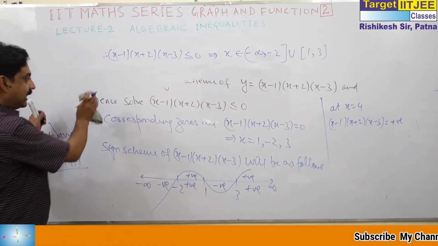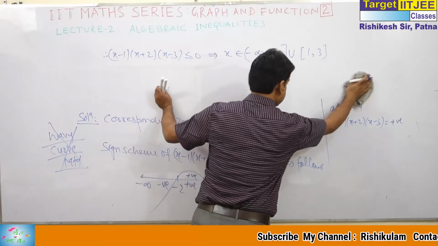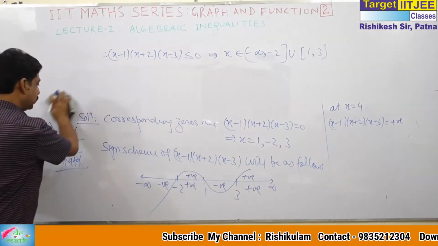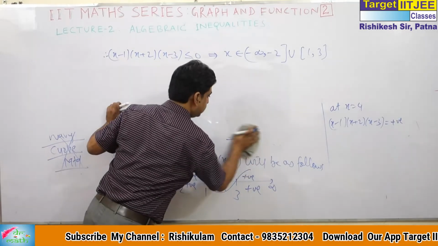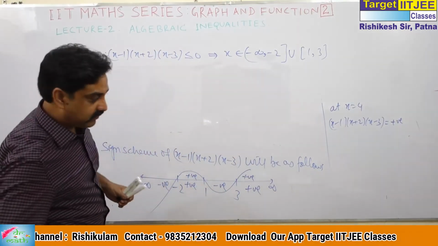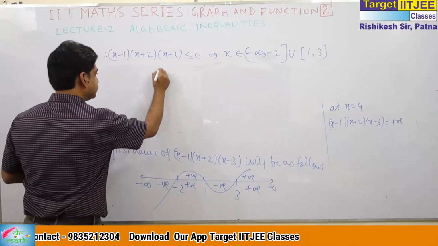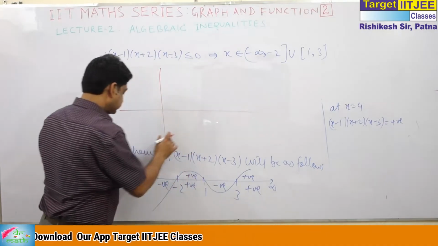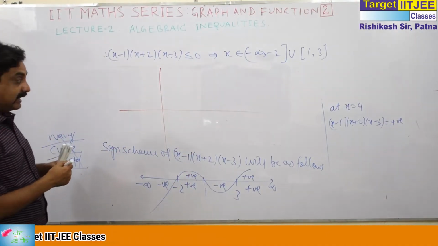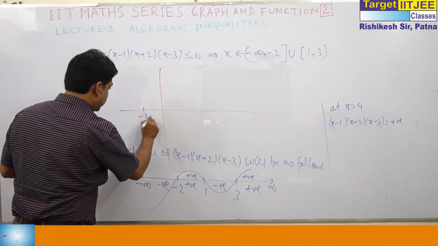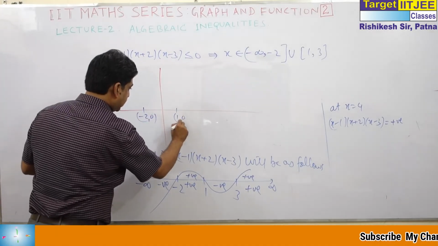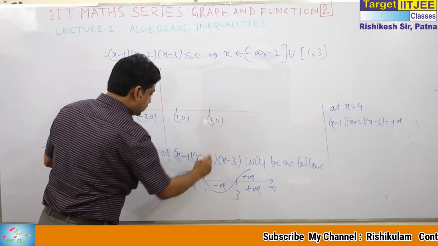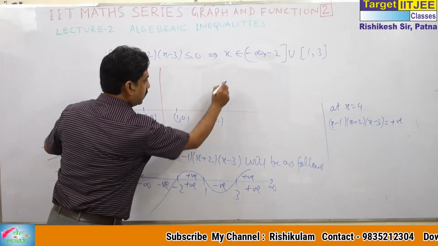Actually, when you put any number from these intervals, it is negative. So what is the graph? I think you have noted it. This will be the graph, with zeros at minus 2, 1, and 3. See the sign scheme.